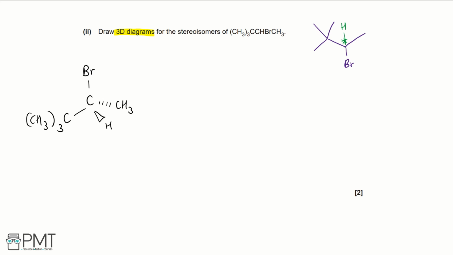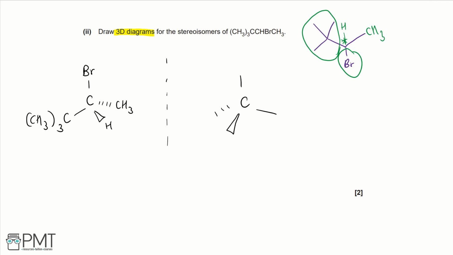So as we can see, this big methyl side group is this component of our 4 groups. Then we have our bromine, we have our hydrogen, and then this is going to be CH3, which we've written. Then, because it's optical isomerism, we have a mirror image, and that's going to be our other stereoisomer. So we have the same layout, but our wedges flip.